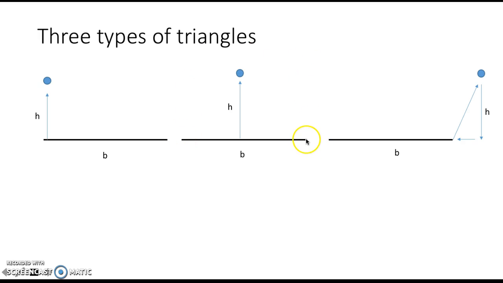So you can have it anywhere between here and here. It cannot be over. And then you have the third where the top vertex is outside of the B, which we'll call base. And then you can see the H's meet up with that.